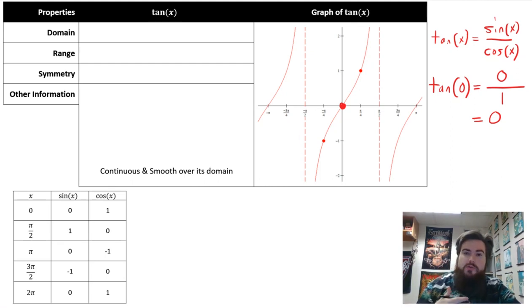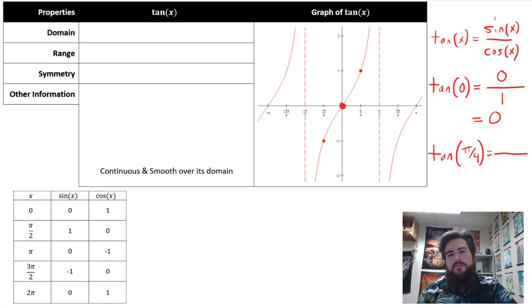What we can use, though, are other points, and the most optimal ones, or the most convenient ones to work with, would be the values of pi over 4. The reason for that is because if you look at multiples of pi over 4 and evaluate tangent at that place, tangent of pi over 4 would be sine of pi over 4 divided by cosine of pi over 4.